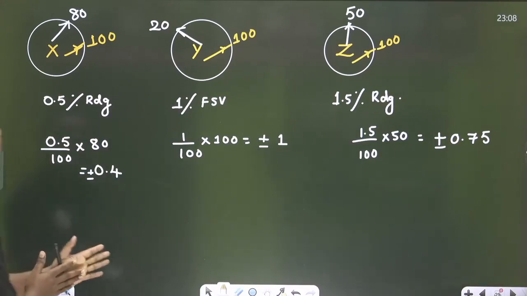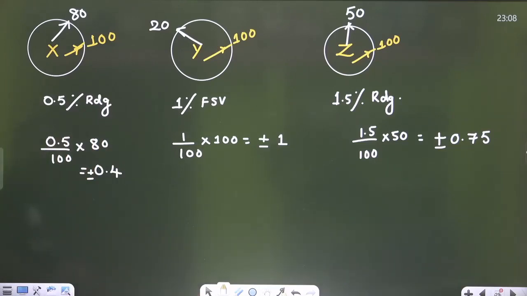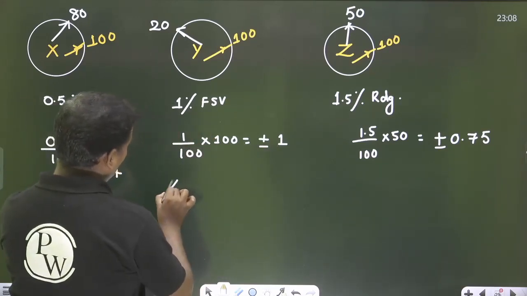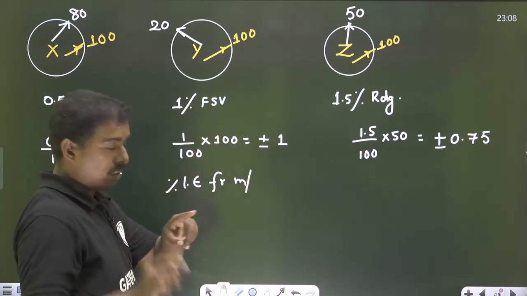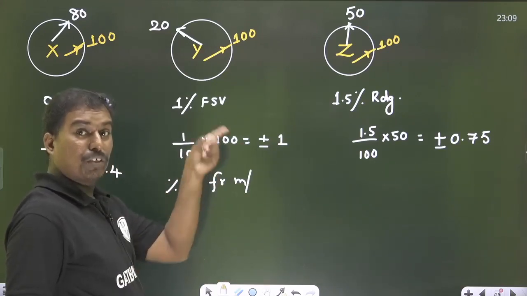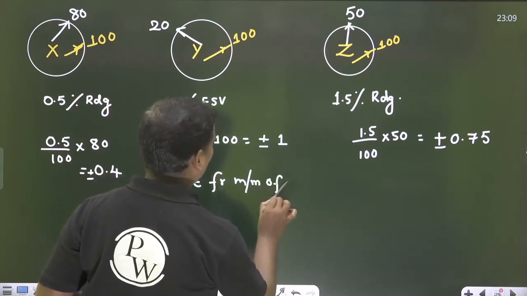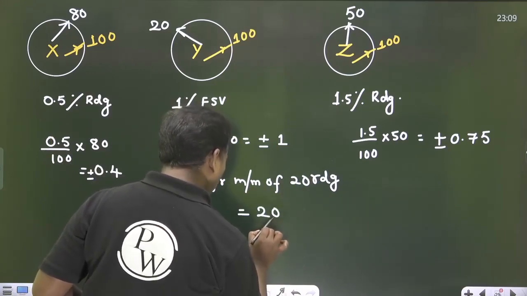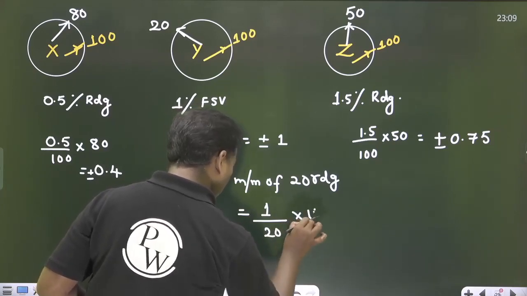Now, if you see, this one is with respect to full scale value, not with respect to reading. So the percentage of limiting error for measurement of the 20 reading is 1 by 20, that is 5%.